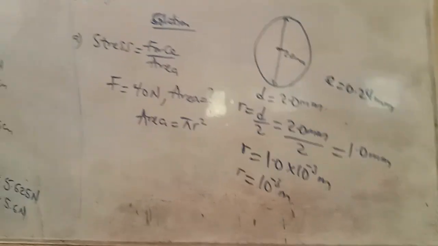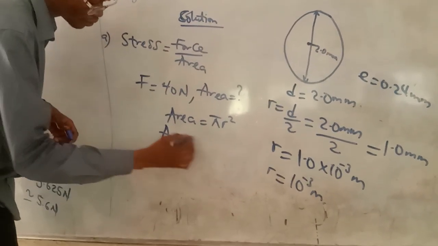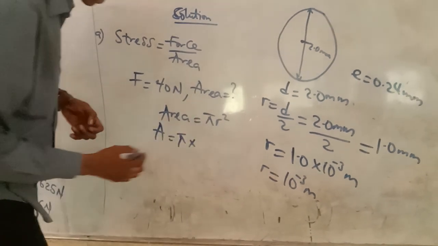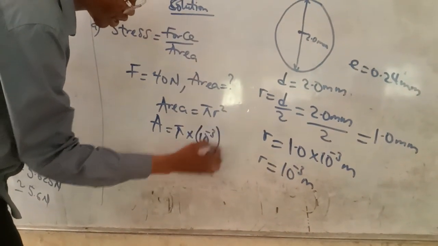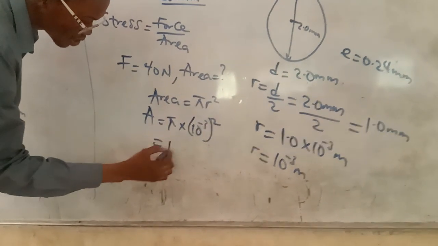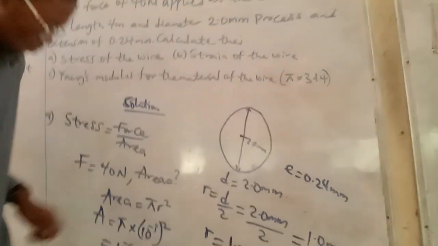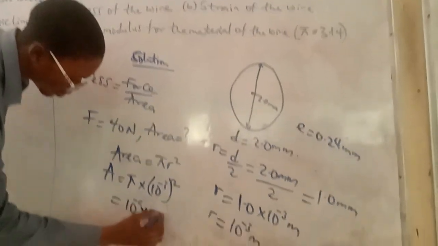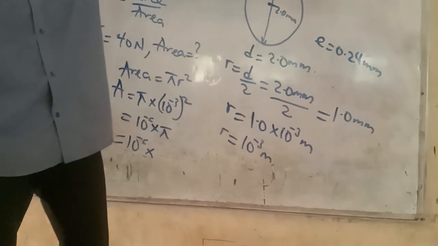Now let's continue. Our area, which is A, will be pi R squared. Now our R, we have found it here. That is 10 raised to power minus 3, everything squared, and we are going to have 10 raised to power minus 6 pi. Our pi is given as 3.14.